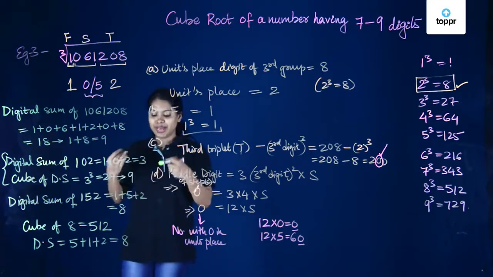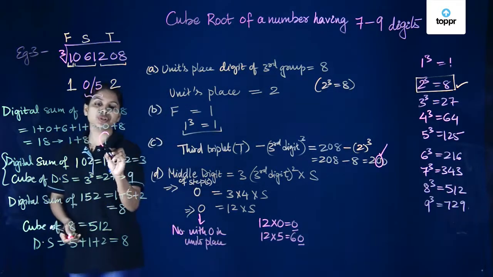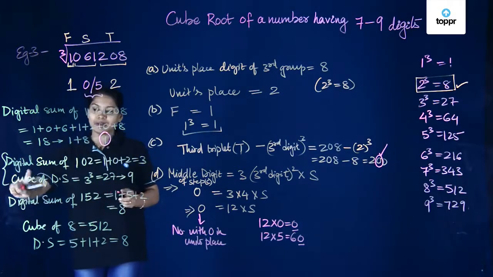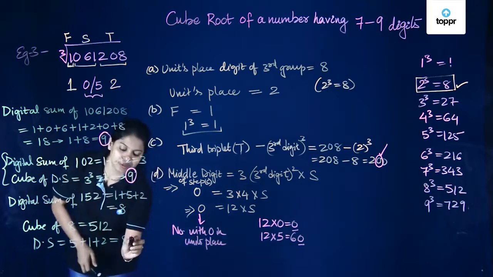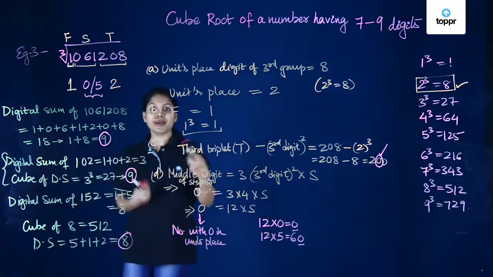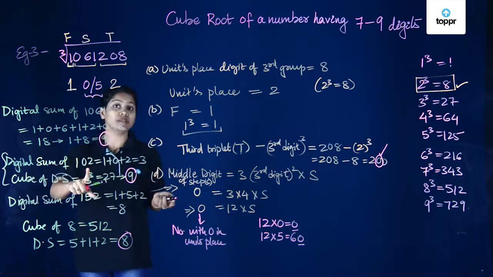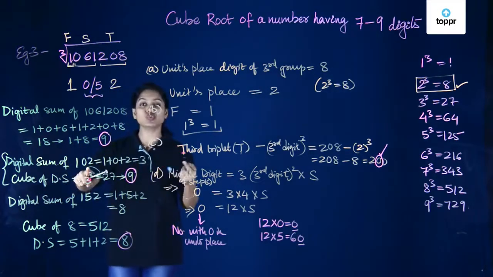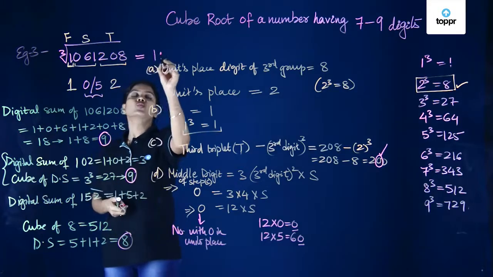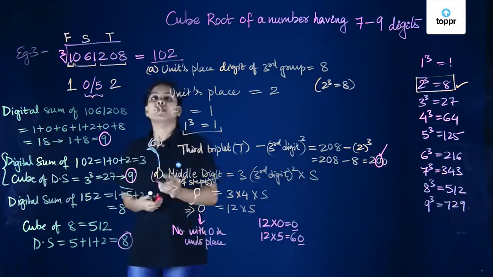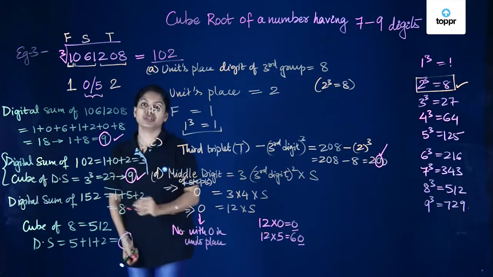Now the last step which will give us our answer is the comparison of the digital sums. This here is the digital sum of the number, and this is the digital sum of the cube of the digital sum. Once it's 9, and here it's 8. So whichever matches is the answer. Here 9 matches with 9, so the cube root of the given number is 102. So we reject 5. The answer here is 102, and the reason for our choice is that the digital sums are matching in this case.